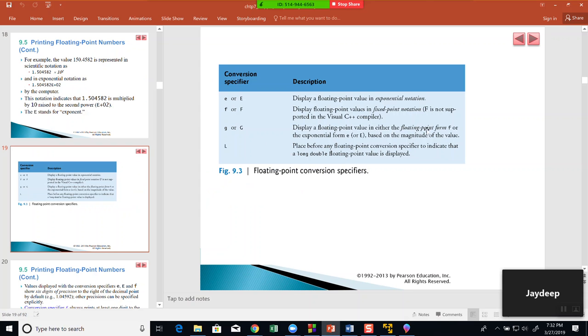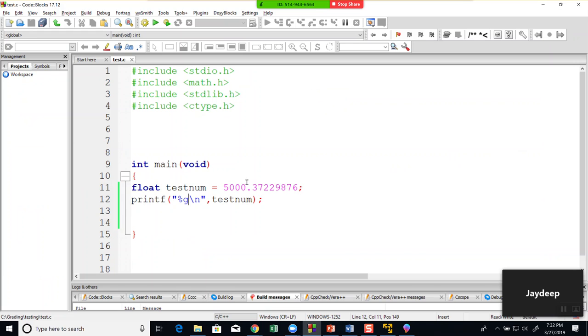Display floating point in either floating point format F or the exponential format E based on the magnitude of the value. Assuming I haven't exceeded the limits.